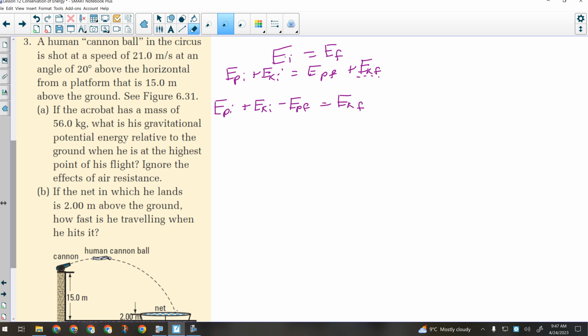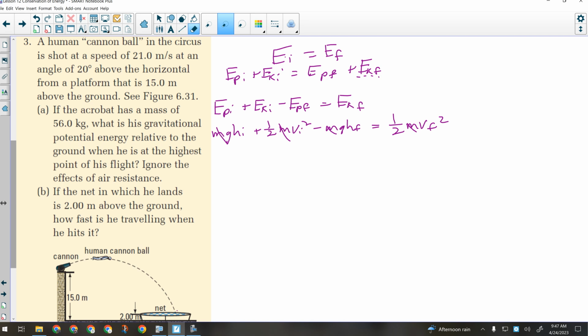Okay, then we're going to put in our formulas, so we'll have M times G times H initial plus 1/2 MV initial squared minus MG H final equals 1/2 MV final squared. The mass doesn't matter. Gravity is doing all the work to change the speed.